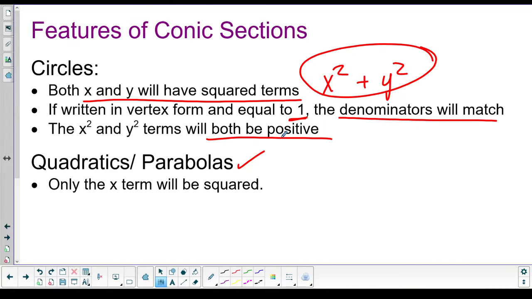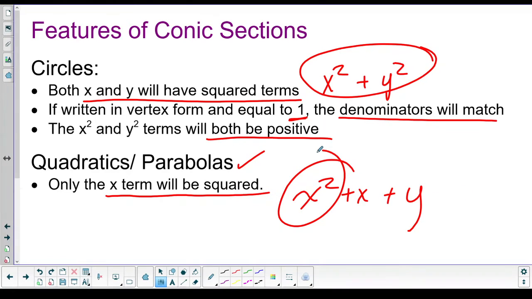So quadratics are the easiest thing to identify, because only the x term will be squared. You're going to have x squared and then no y squared, just x squared. You might have some x's in there. You might have a y in there, but no y squareds. If only the x has a squared term, parabola.